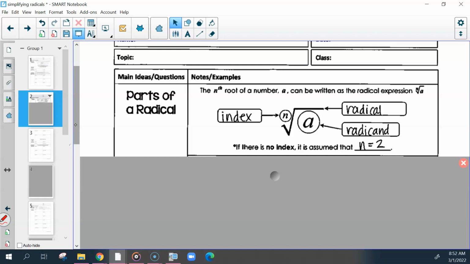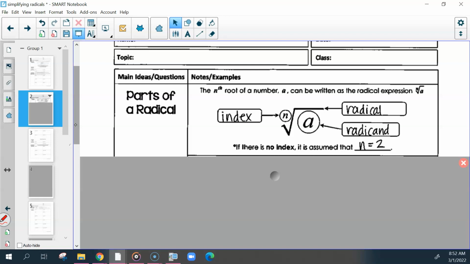When talking about a radical, we're talking about the root itself. The index could change. Most of the time we talk about a square root. If we're talking about a square root, the index is 2, but we don't usually see the 2 out there. It's assumed. But we have seen a cube root before, and then the index would be 3.